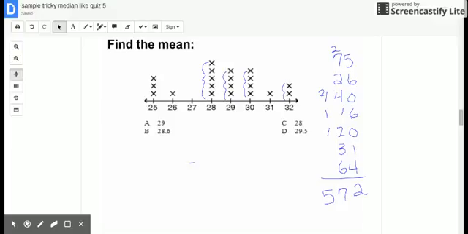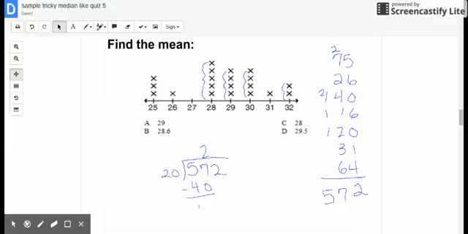Now, we take the sum of the data and divide by how many data points we have. Here you see we have 3, 4, 5, 6, 7, 8, 9, 10, 11, 12, 13, 14, 15, 16, 17, 18, 19, 20. I have 20 different data points. So 20 goes into 57 twice. Gives me 40.